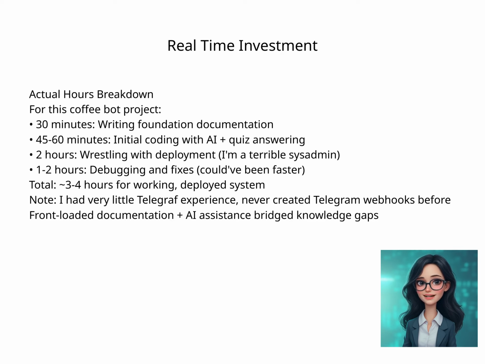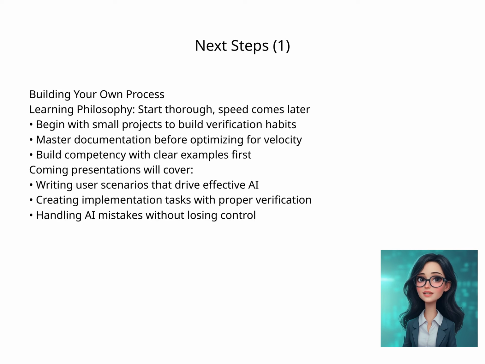The key insight is that the front-loaded documentation actually saves time in the debugging phase. Instead of random troubleshooting, you have clear specifications to verify against and systematic checklists to identify exactly where things went wrong. The key learning philosophy here is start thorough, and speed will come later.